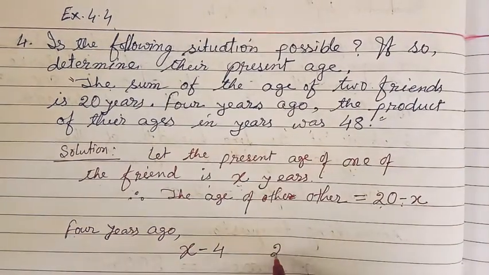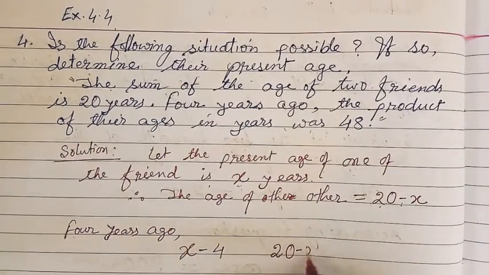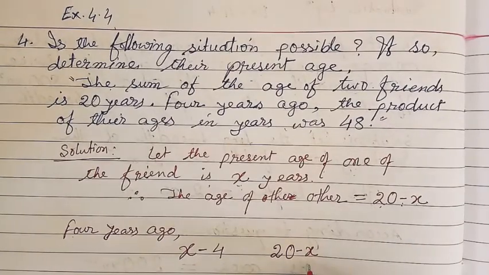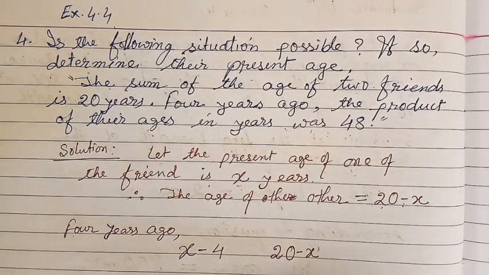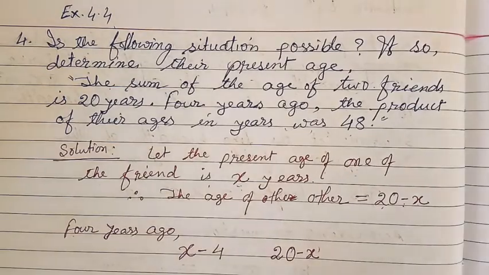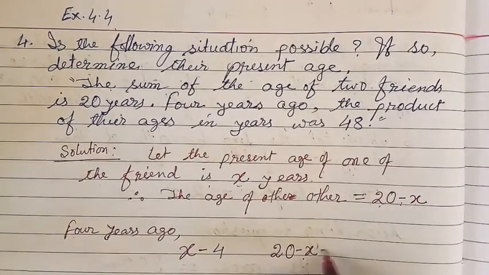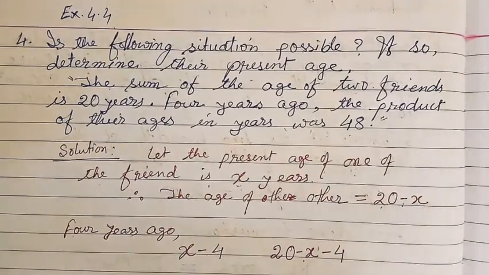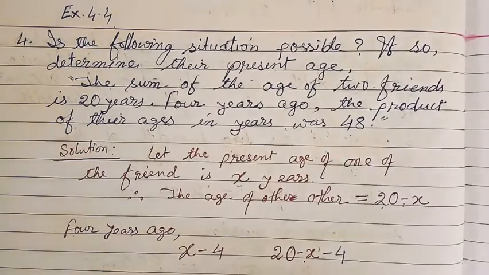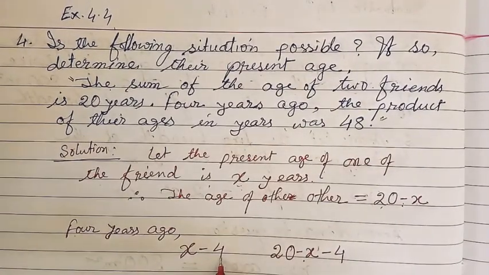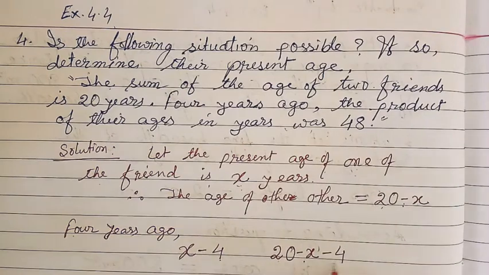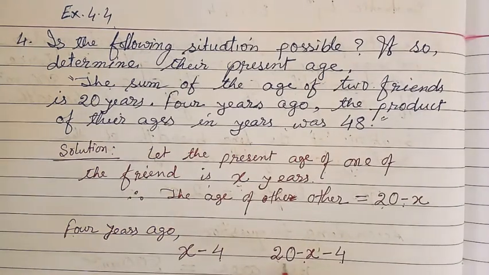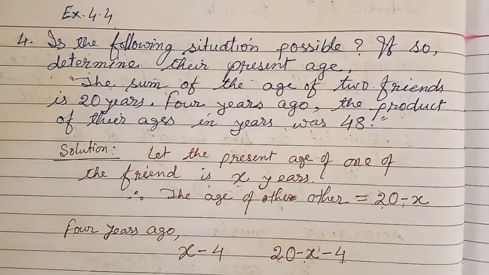The other friend's present age is 20 minus x, and 4 years ago his age will be 20 minus x minus 4. 4 years ago means before 4 years, his age will be 4 less.